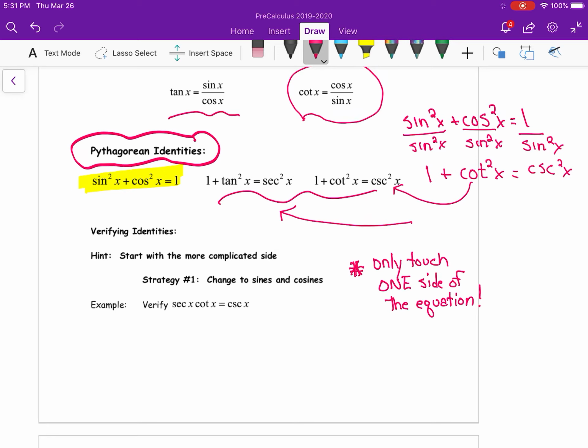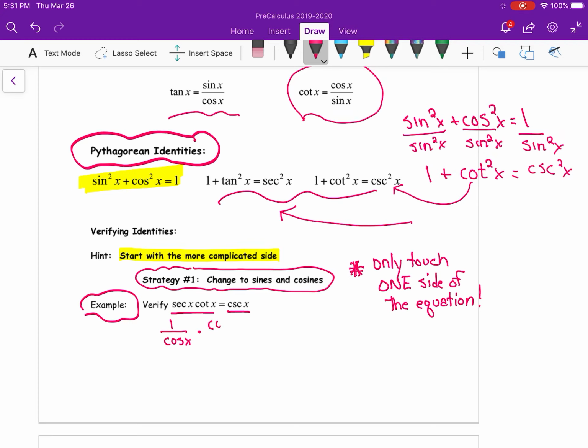All right, in this first example, we are trying to verify that secant x times cotangent x equals cosecant x. Usually you want to start with the more complicated side. So we are going to use strategy number 1, which is to change all of our values to sine and cosine. Secant is 1 over cosine x, and cotangent is cosine x over sine x.